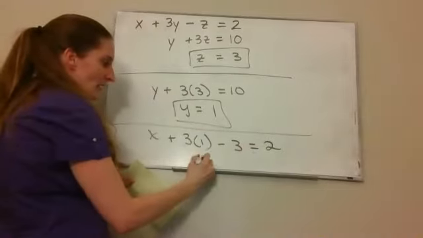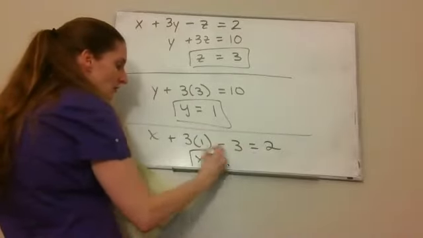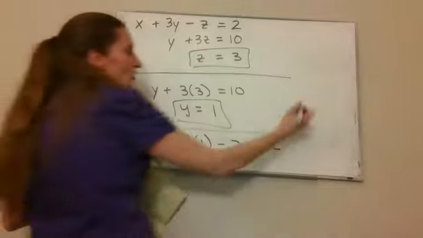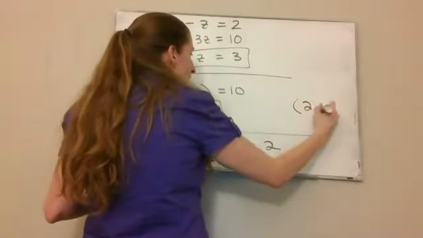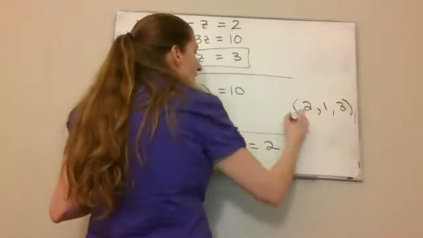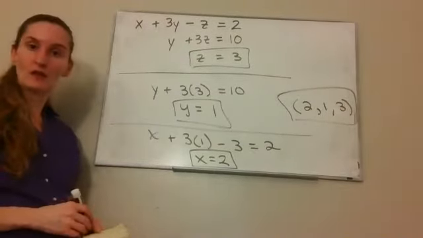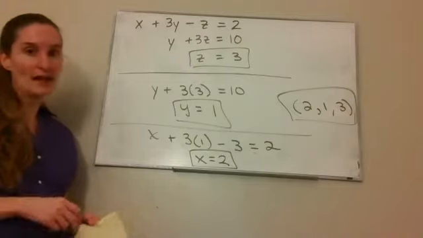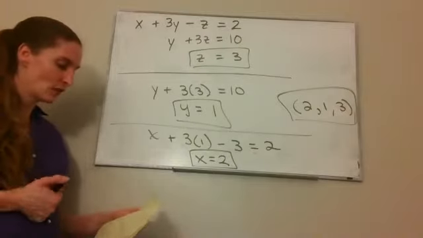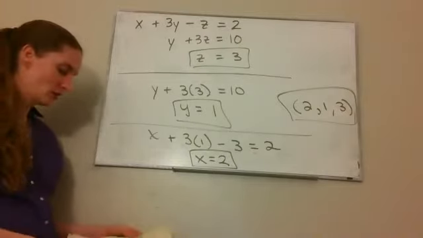And that gives me x is 2. So the solution to that system of equations was 2, 1, 3. And that is the same answer that you would get if you solved the system using the techniques we learned in the last video. This just gives you a different option.